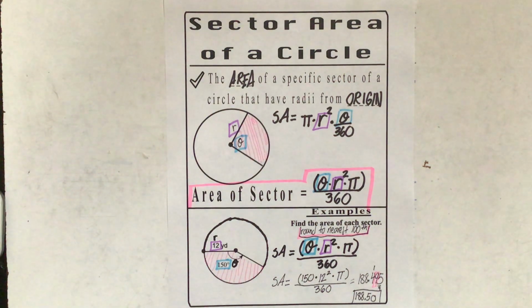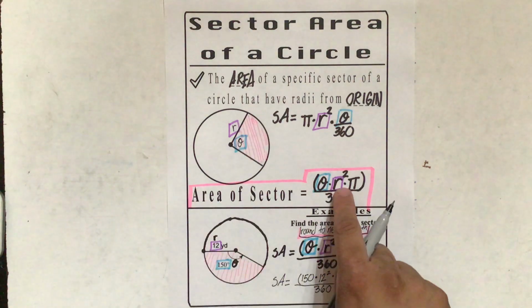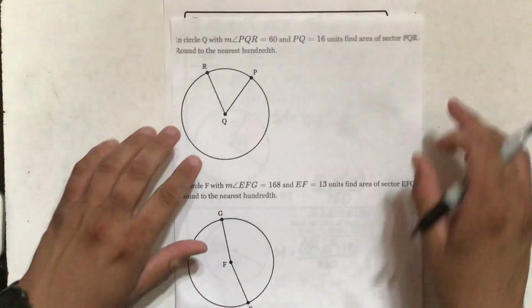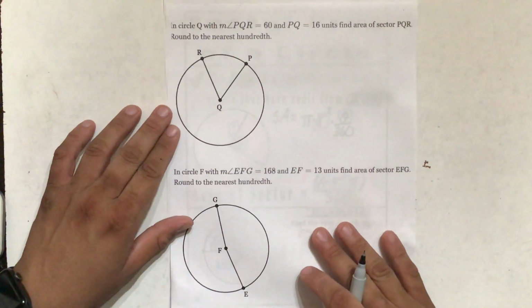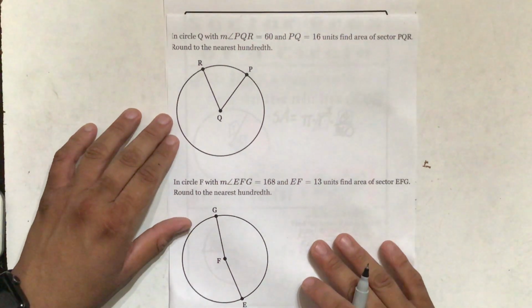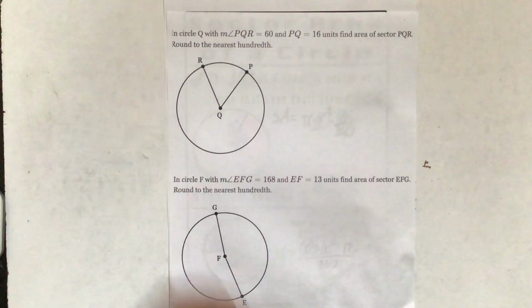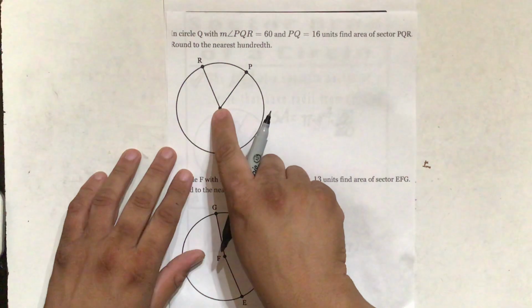All right. So let's do a couple of examples that you're going to see on Delta Math. This is the formula we're going to use, right? So let's see what this looks like here on Delta Math. The question says, in circle Q, which is the center, right?